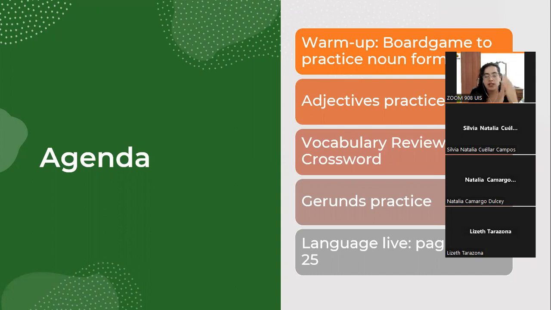And also, because we are finishing unit 2, we are going to do activities to practice the adjectives, a vocabulary activity, a crossword, then another exercise to practice gerunds. And we will finish unit 2 on page 25, the language live activity. Okay, so that is our agenda for today.